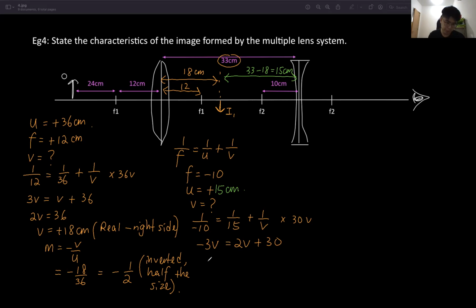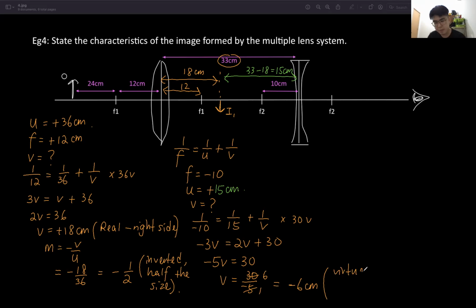And from here, minus 5v equals 30, and v equals 30 over minus 5. That's minus 6 cm.